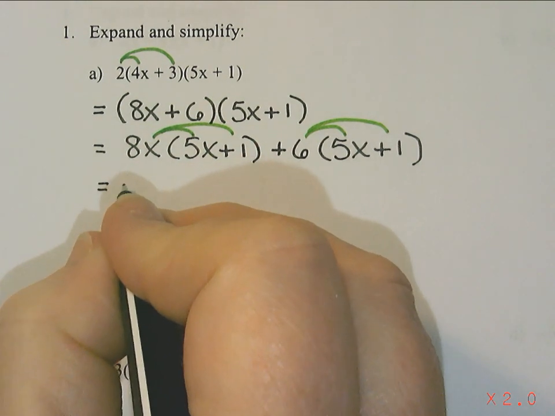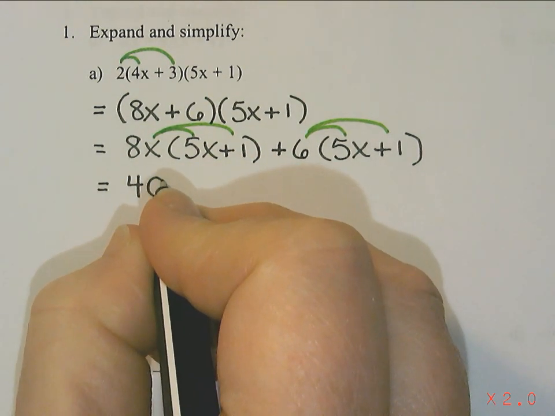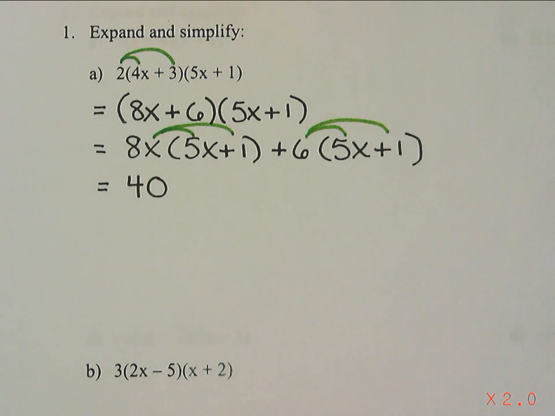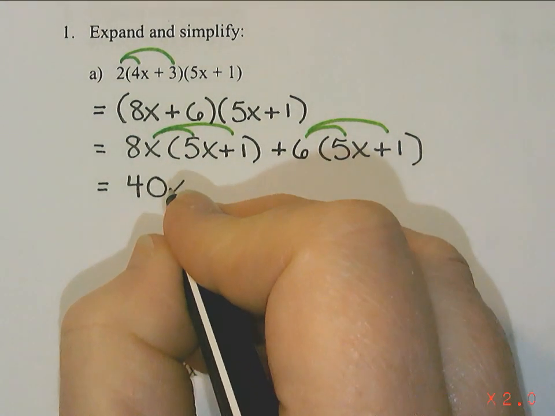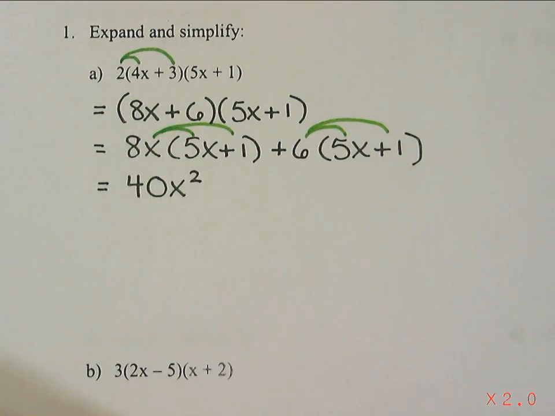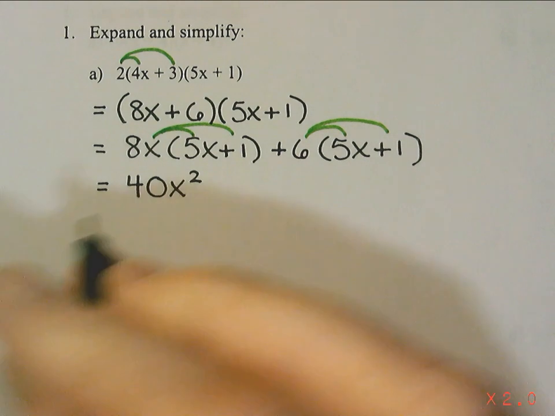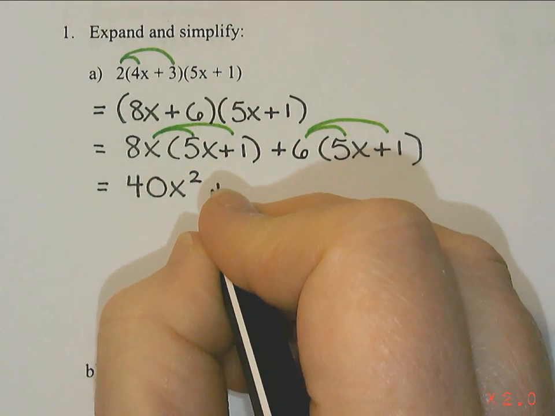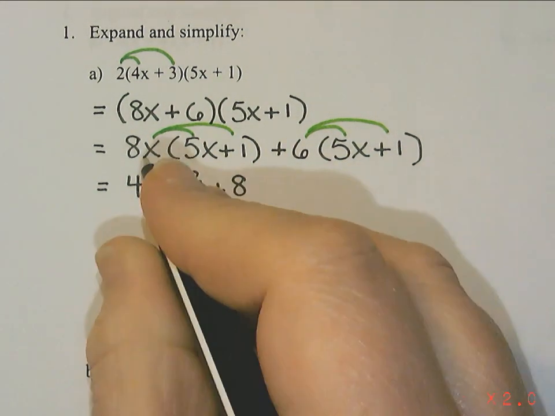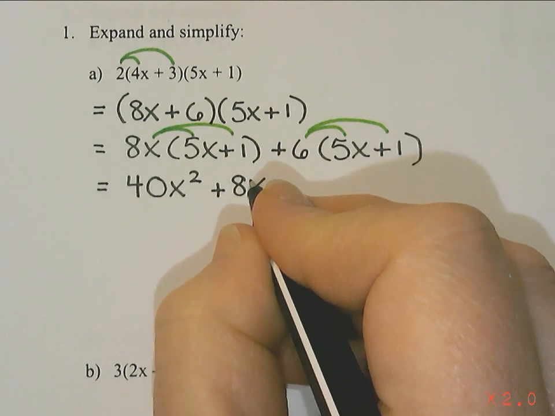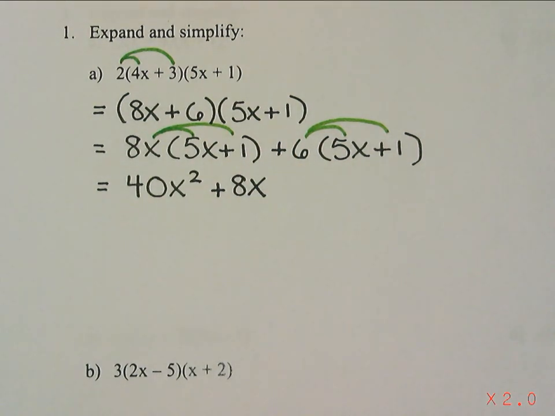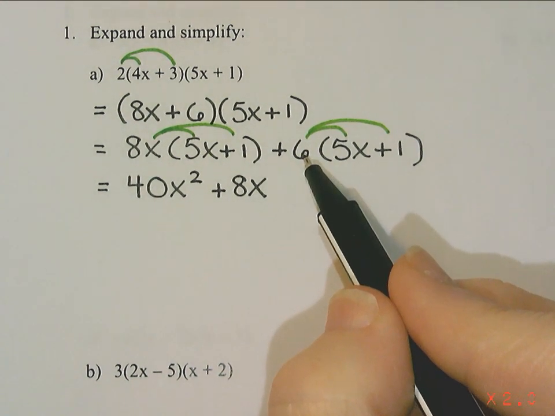8 times 5 is 40, and then x times x is x squared. 8x times 1, 8 times 1 is 8, so I put plus 8, and then there's just the 1x, so we're going to put an x. All right, when I go to do the next one, we're not just multiplying by 6, it is positive 6 that we're multiplying by.